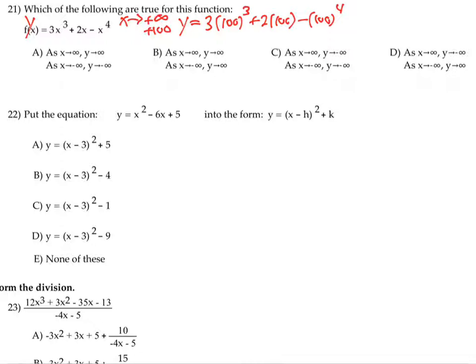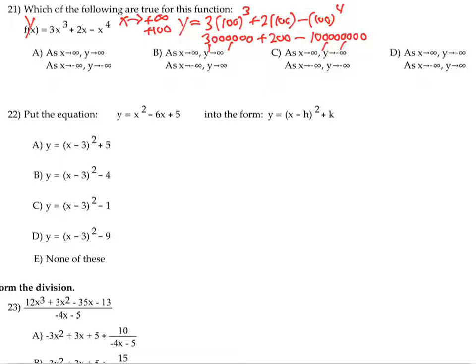So what's going to happen? If you use your calculator, 100 to the 3rd power is going to be 3 with 6 zeros, 3 million. Plus this is 200, minus, and this is going to have 8 zeros, so it's going to be 100 million.